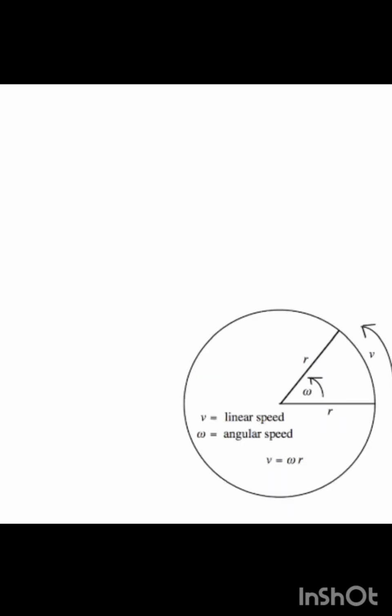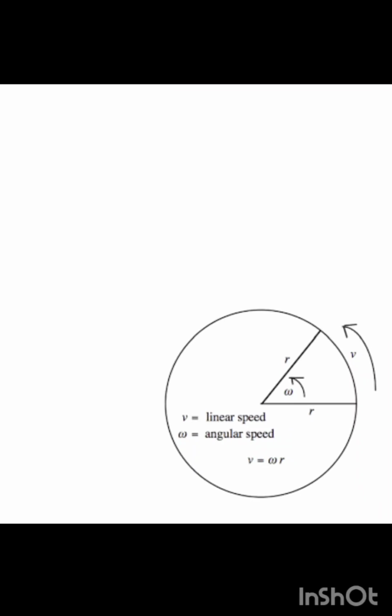But today we are just talking about angular displacement and angular speed. So let's discuss the angular speed. What is the angular speed? As you can see in the picture here, let's suppose this object is moving in a circular path like this.